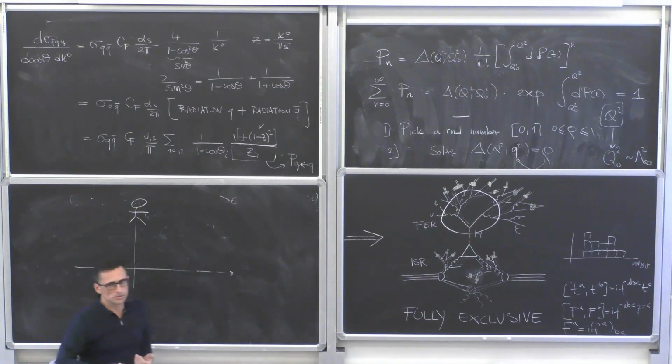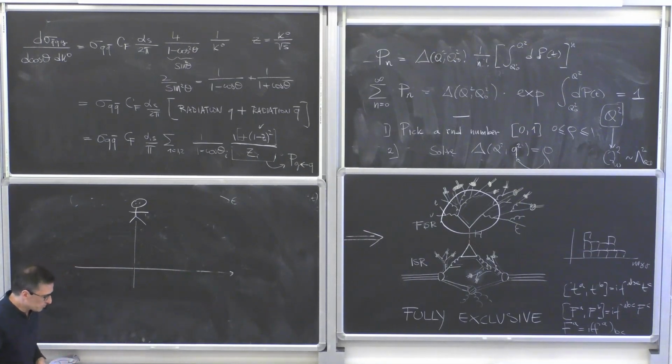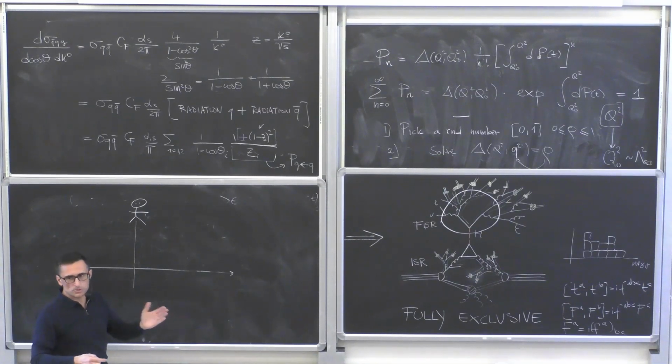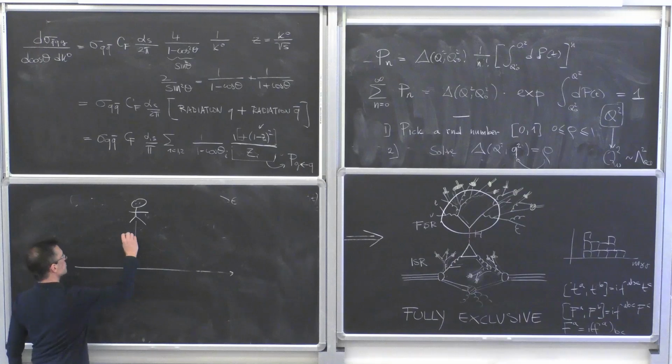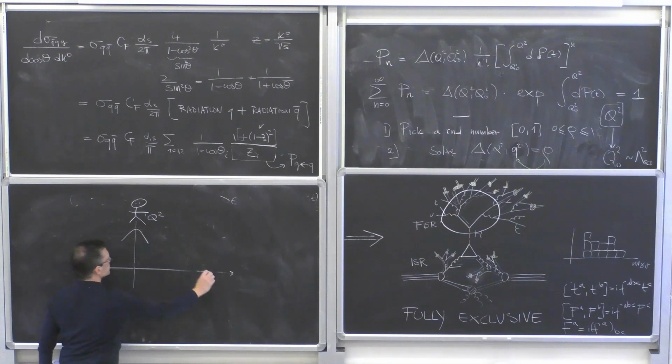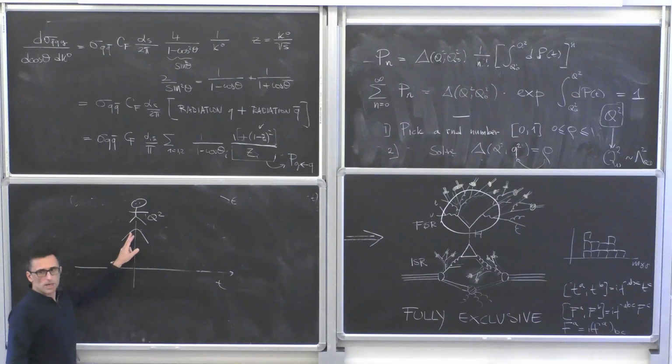I don't start from all possible babies in the universe until I get to Fabio, because it's not going to end well. So I start from Fabio in the middle of the shower, at high Q squared, at the top of your Q squared. Then I start from there to associate a story.